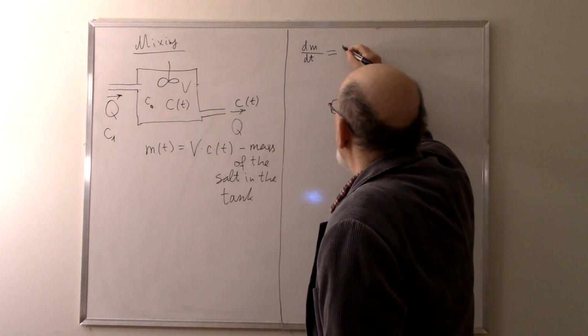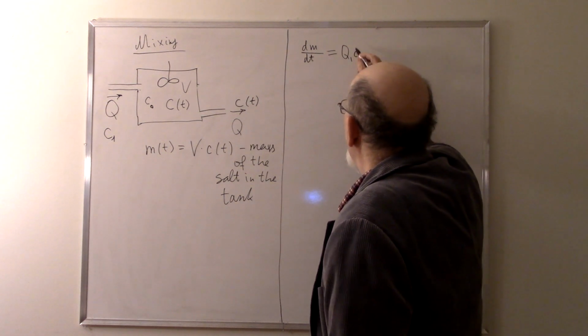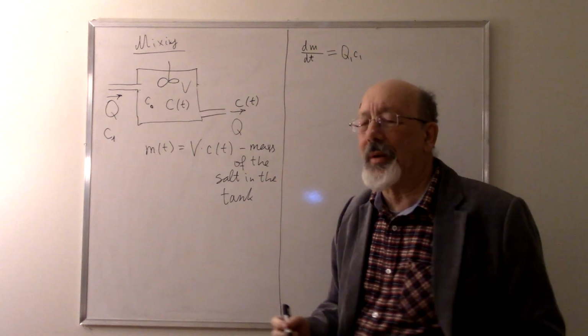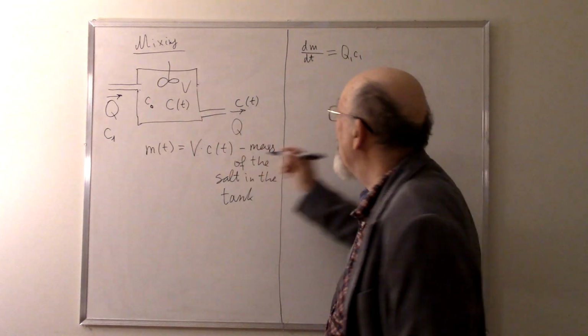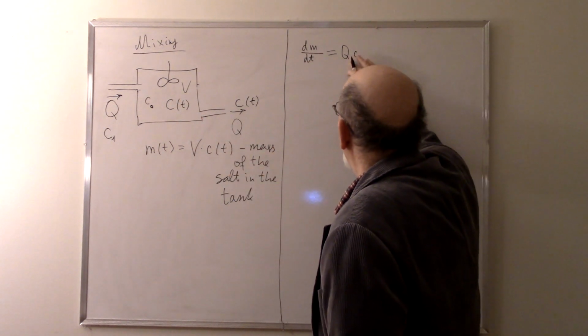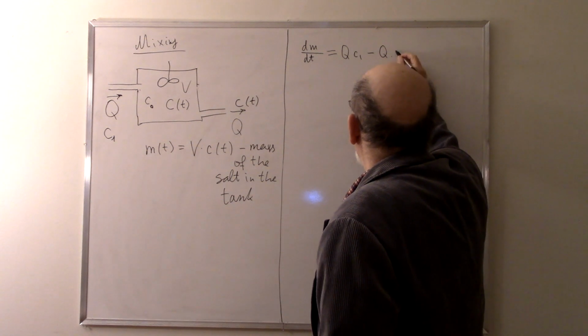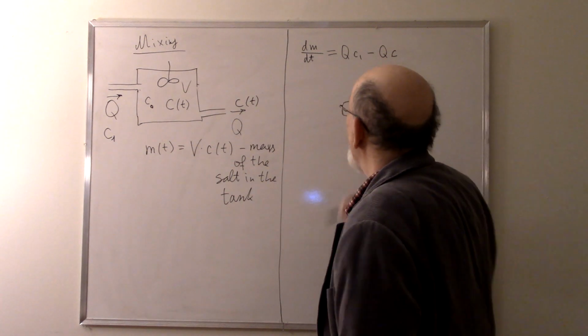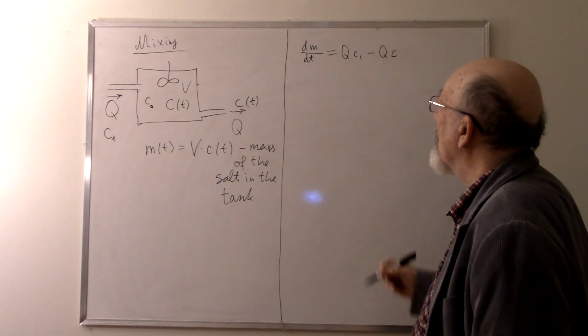So it is Q C1, it is how much salt is entering per unit time here, minus Q C. Yes?